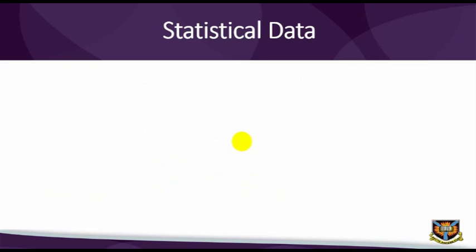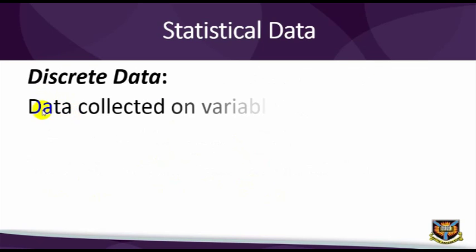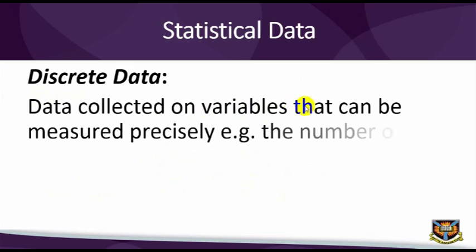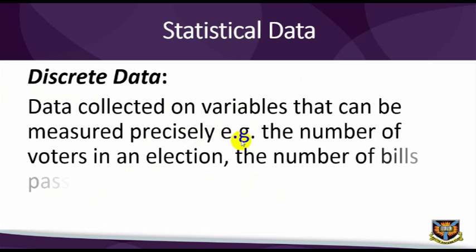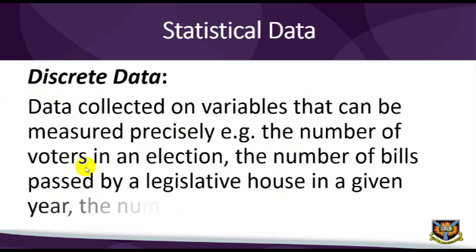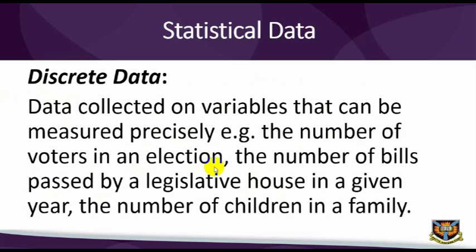Discrete data. This is described as data collected on variables that can be measured precisely, e.g., the number of voters in an election, the number of bills passed by a legislative house in a given year, the number of children in a family.